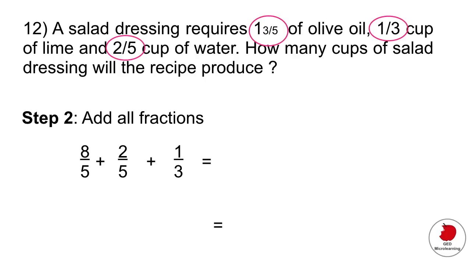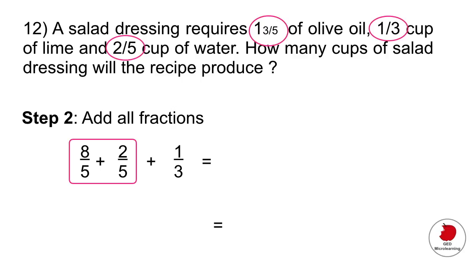Now step 2 is to add all your fractions together. And remember, when we add fractions, they all have to have the same denominator, which is the number in the bottom. So first of all, let's add these two together because they already have the same denominator. If you add fractions across, if they have the same denominator, all you have to add is the numbers in the top.